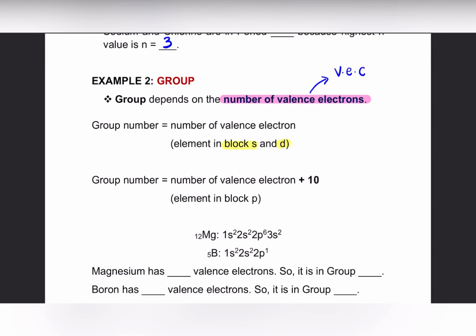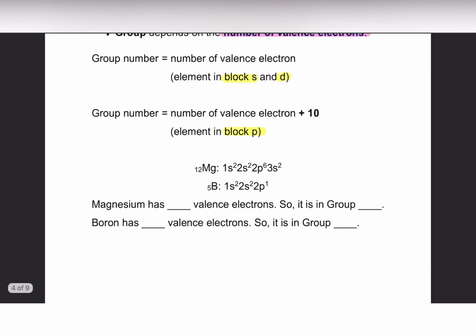Tetapi sekiranya awak ada elemen daripada blok P, number of its group akan sama dengan number of valence electron, tetapi awak kena tambah 10. Okay, so itu a bit special case untuk P block sahaja. So, what you're gonna do here, saya ada 2 example elemen, magnesium dan juga boron.